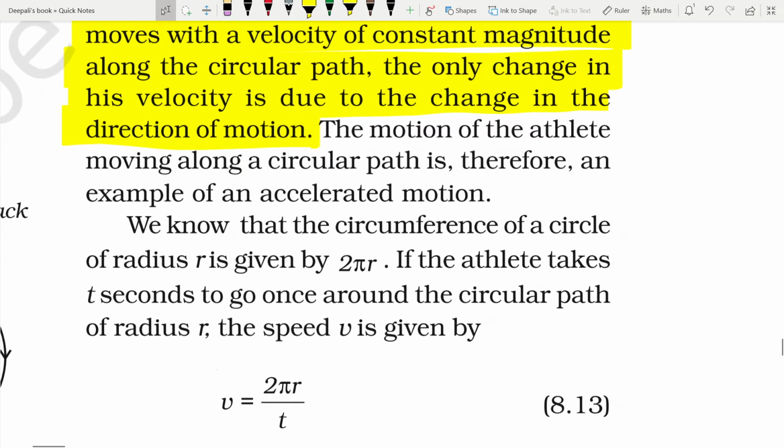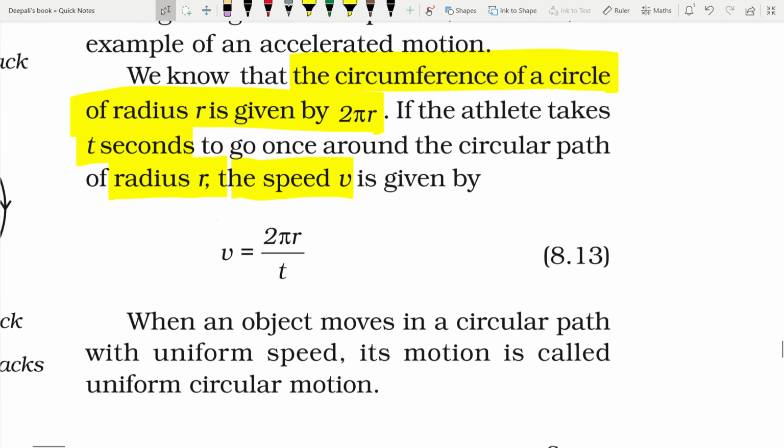We know that the circumference of a circle with radius r is given by 2 pi r. If the athlete takes t seconds to go once around the circular path of radius r, the speed v will be distance upon time, which is given as v equals 2 pi r upon t, because here the distance s is equal to 2 pi r.